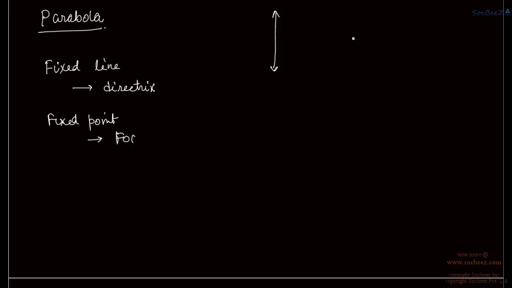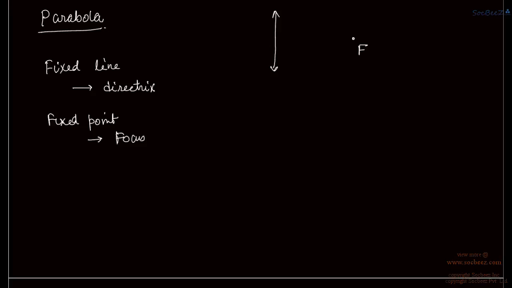Okay. So parabola is a locus of a moving point such that it maintains a fixed ratio, and the fixed ratio is always equal to 1, right? So say this is a fixed line and this is a fixed point. The fixed line we call the directrix, and the fixed point we call the focus.